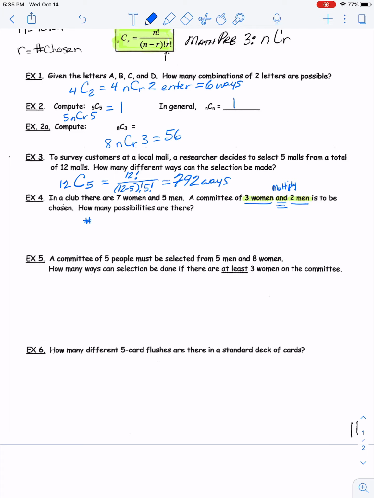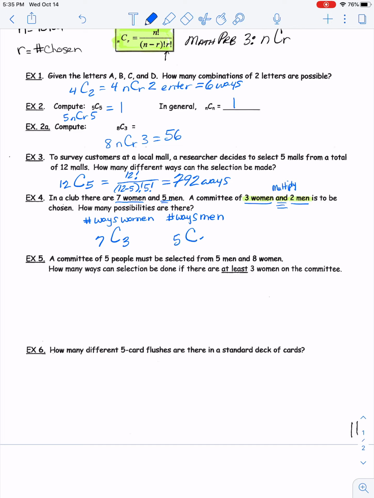Okay, so let's do this. What is the number of ways to choose the women? Well, I noticed that there were 7 women, and we want to choose 3 of them. Then what is the number of ways to choose the men? Well, we have 5 men.